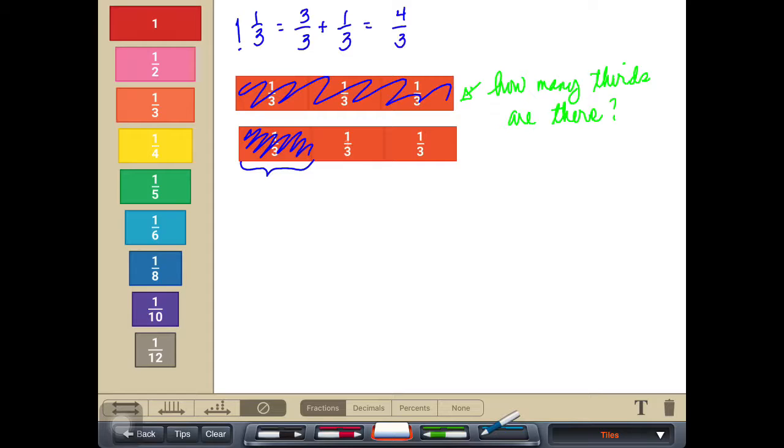Let's try another one. What if I want to turn 2 and 3/5 into an improper fraction? So once again, you have to ask yourself, how many fifths are there in 2 and 3/5?